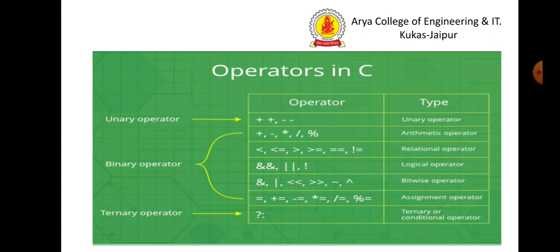Whereas the binary operator needs two operands, like plus, minus, multiply, divide, greater than, equals to. The binary operators are of arithmetic operator, relational operator, logical operator, bitwise operator, and assignment operator. The ternary operator requires three operands to execute, and its symbol is question mark with colon.